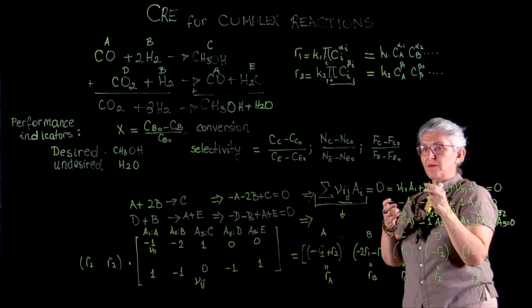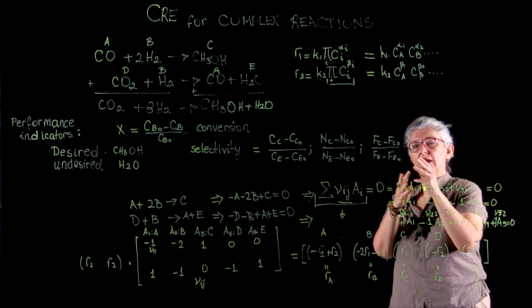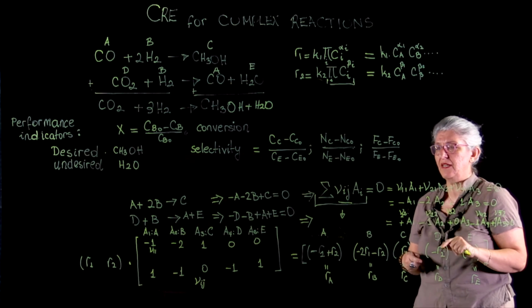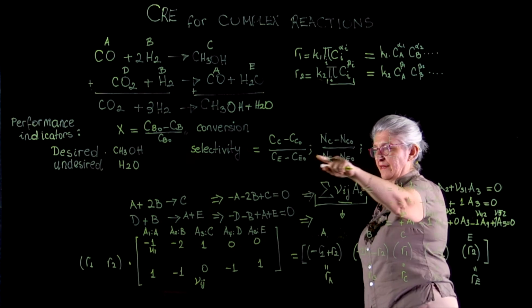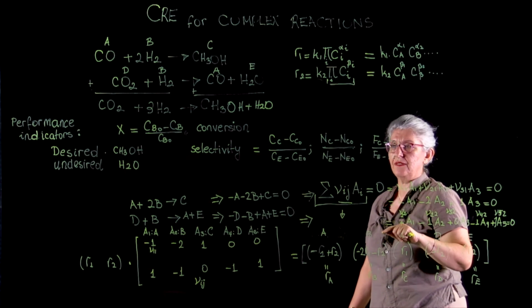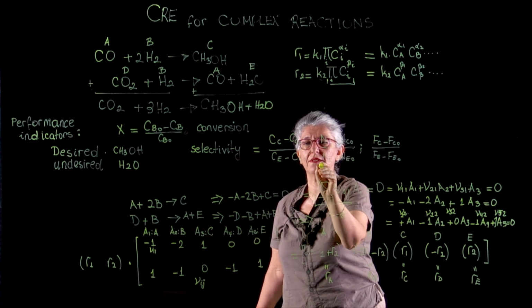I measure the amount produced at the end of the reaction, compare it to the amount that I have put into the reactor in the beginning, and so this gives me the overall selectivity. This is the overall selectivity.